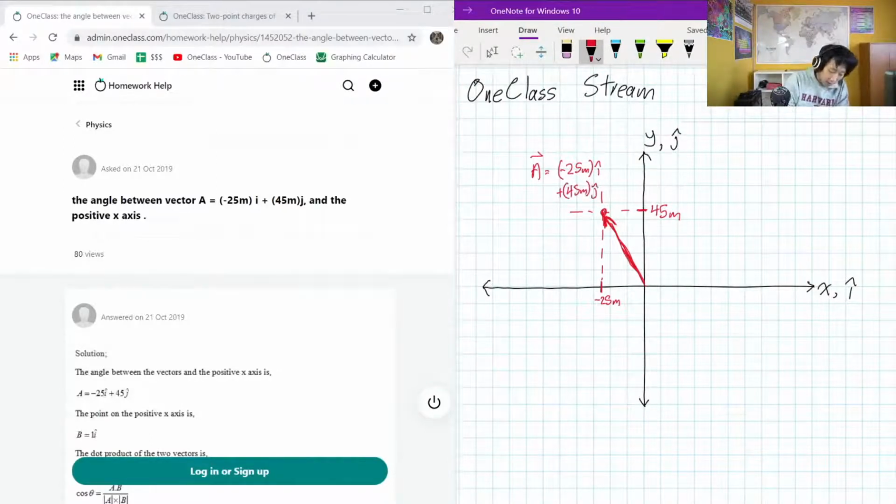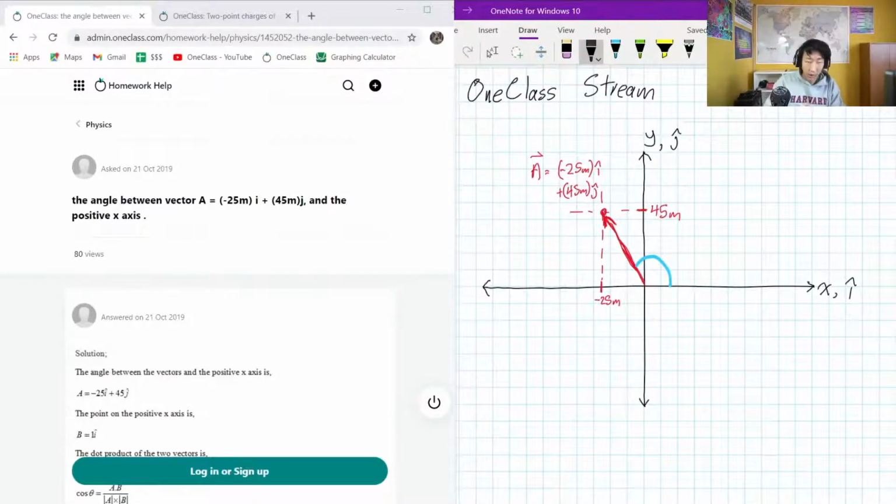So the angle that we're really interested in is this angle right here. And as we can see from the diagram, we expect something that's going to be bigger than 90 degrees, but smaller than 180 degrees. Okay, so just visually from the diagram, we know what that is going to be.